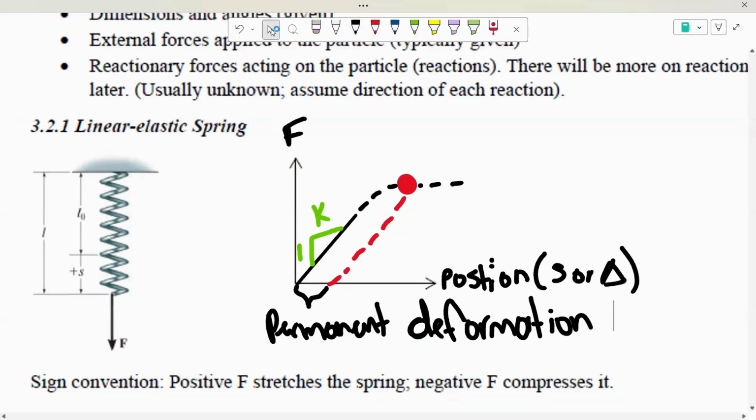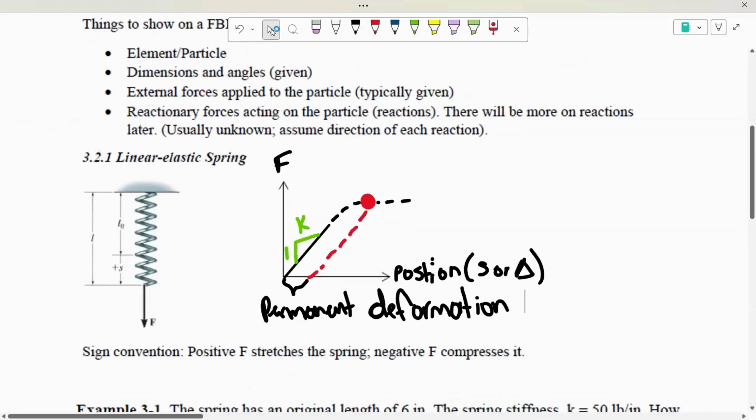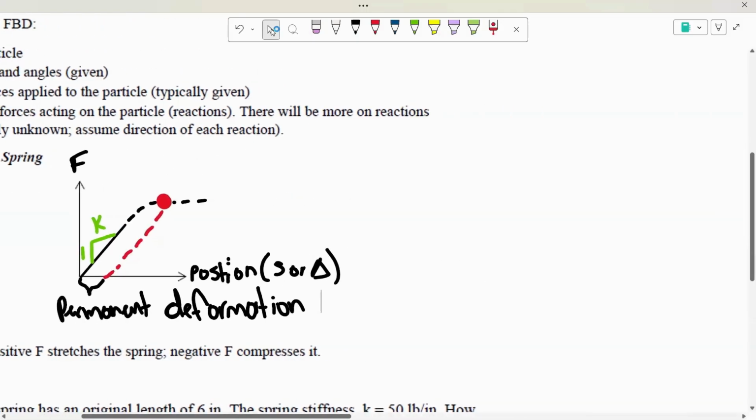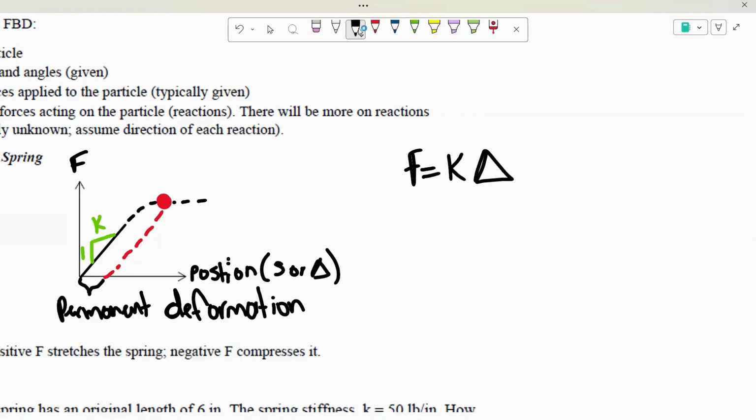So from all of this, we're going to take some equations that you really need to memorize to help you find permanent deformation or stuff like that. One thing that you really have to know is that force is equal to K times delta.